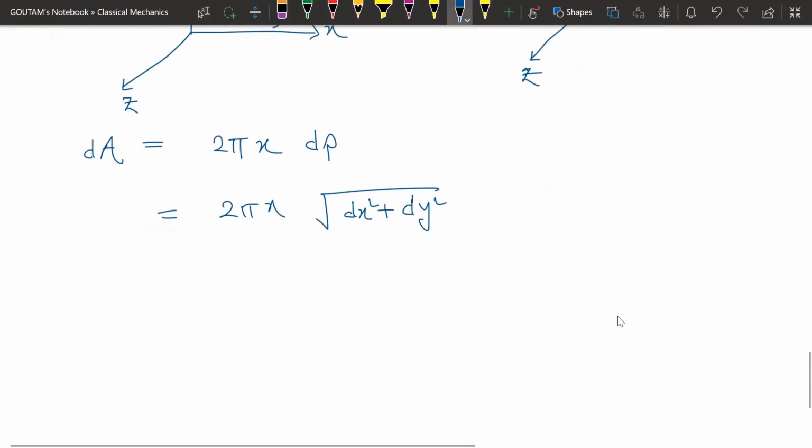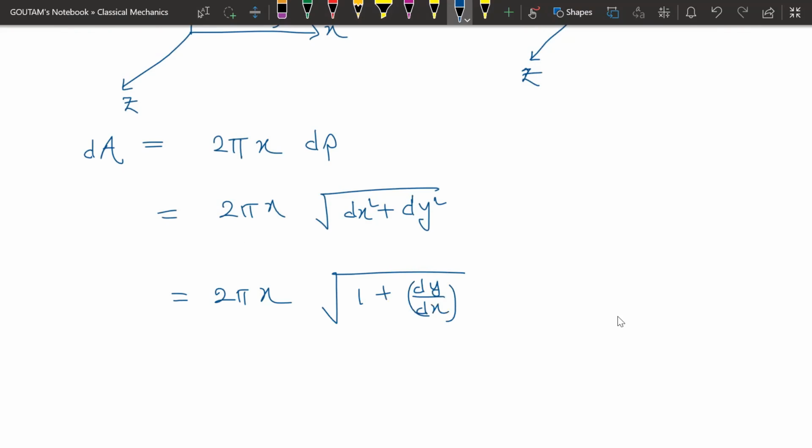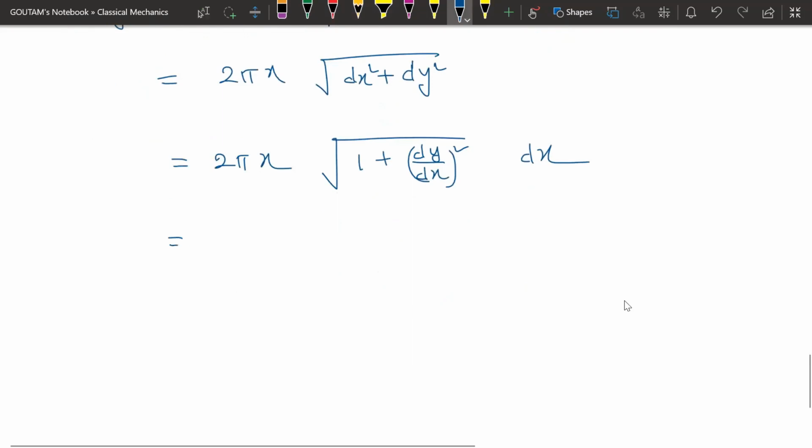So if we take the dx outside of the root, we will get root of 1 plus dy dx whole square, times dx. Again, let's define this dy dx as y dot. It's not dy dt, it's dy dx.